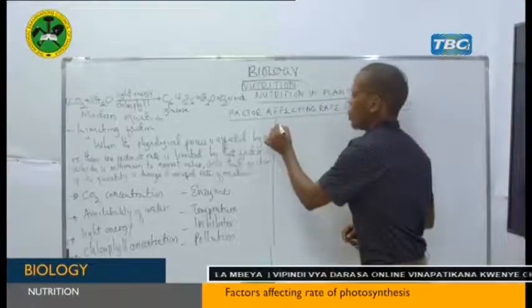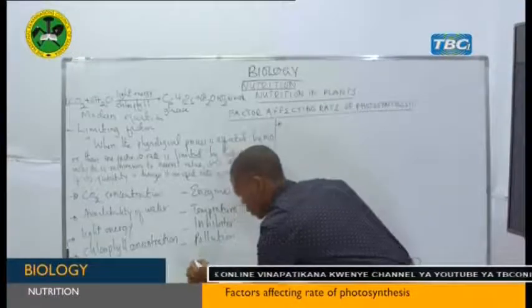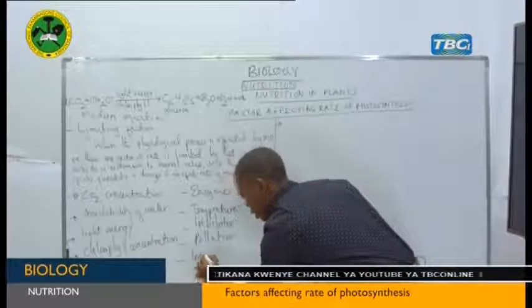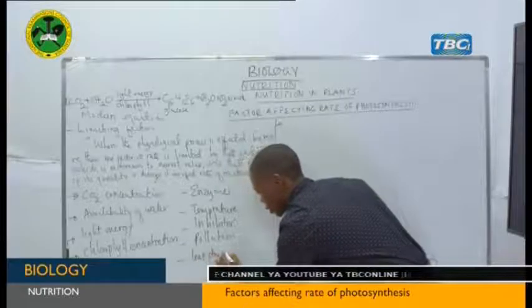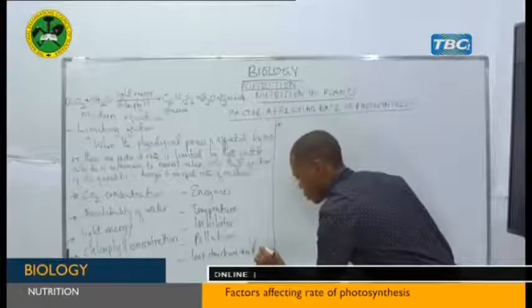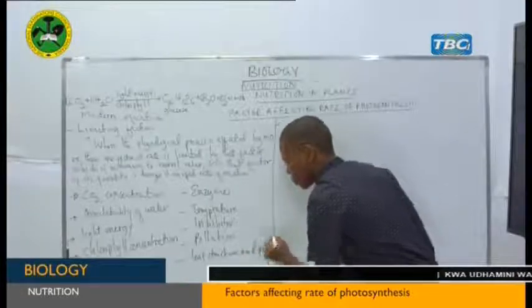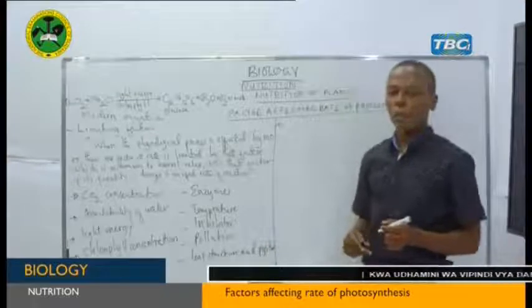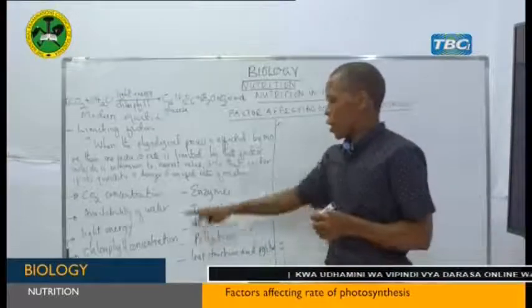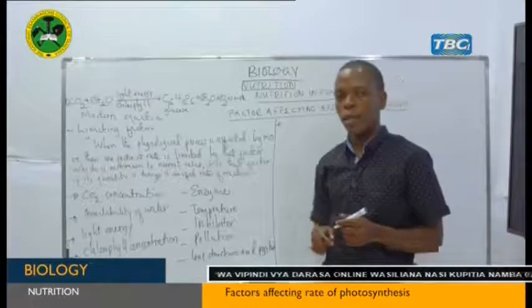But we need to know that there is also leaf structure and position. Okay, these are some of the factors which affect the rate of photosynthesis.